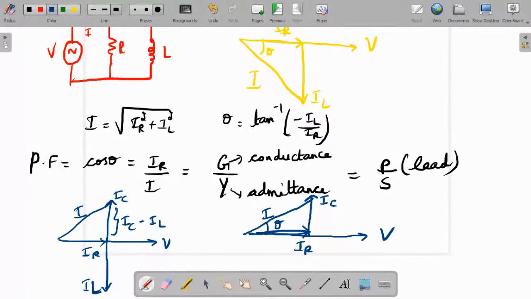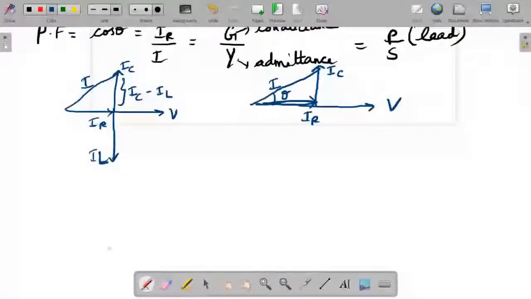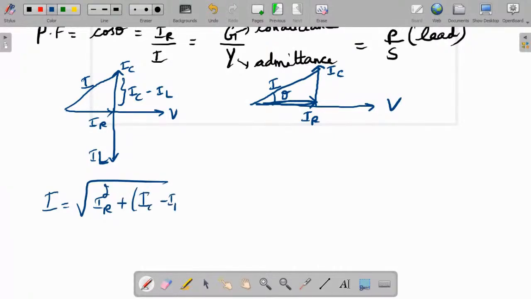So for parallel RLC, I will be equal to square root of IR square plus IC minus IL the whole square. The power factor formulas are all the same.